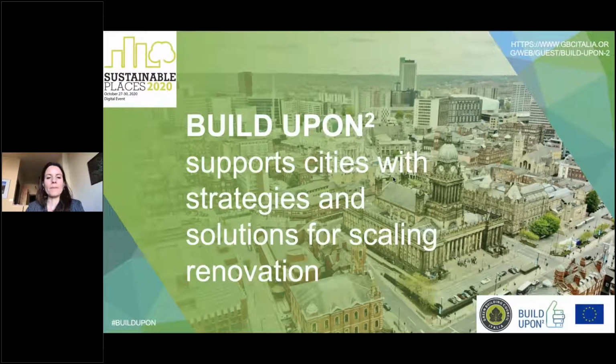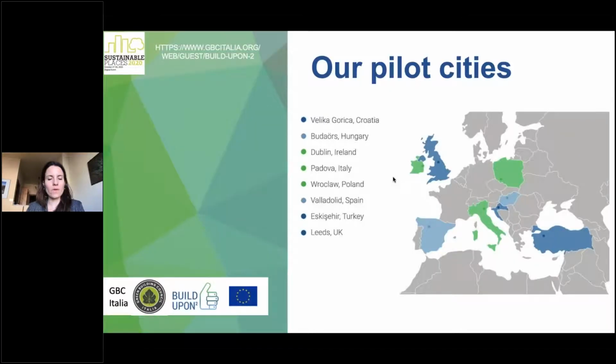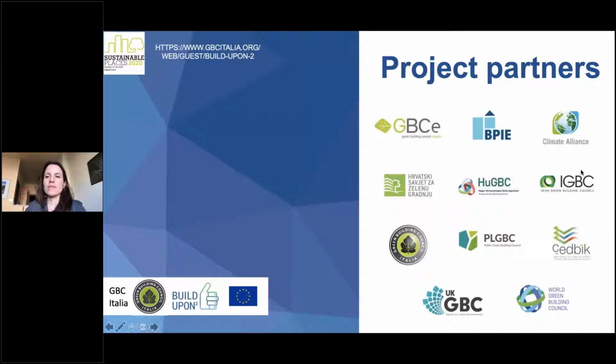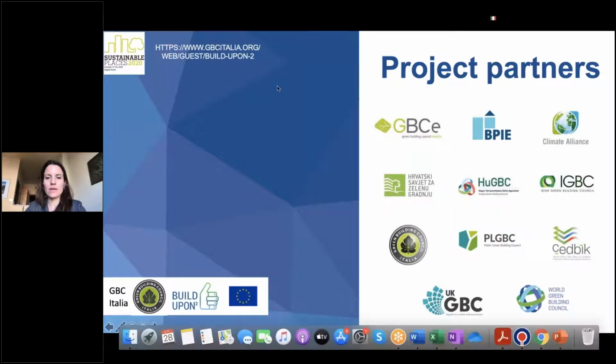So we work with cities to support them in their renovation objectives. And we work in the Build Upon Square project with 8 European cities that you can see in the slide. For the Italian case study, we work with the city of Padova, but the partners of the project are almost all green building councils, associations like the one that I represent, that represent the full value chain of the building sector in each country.